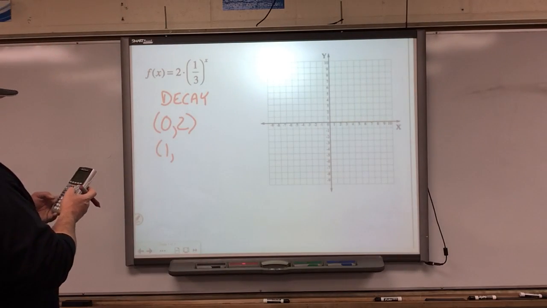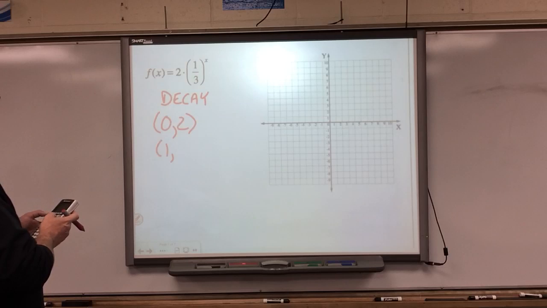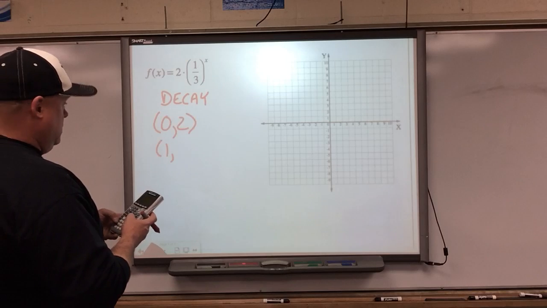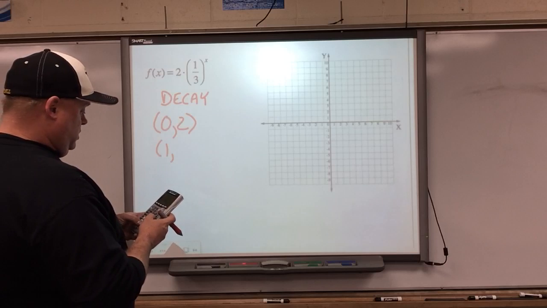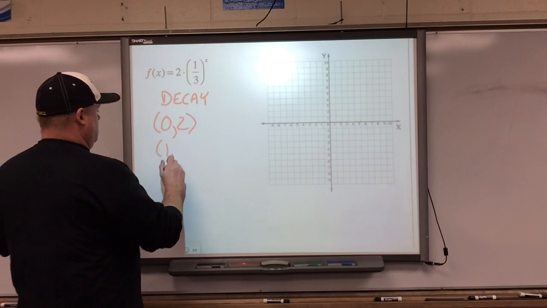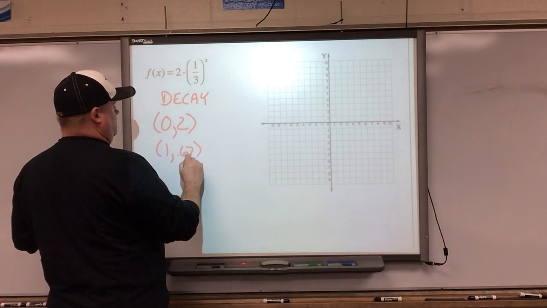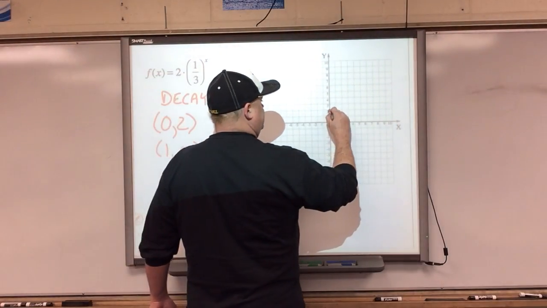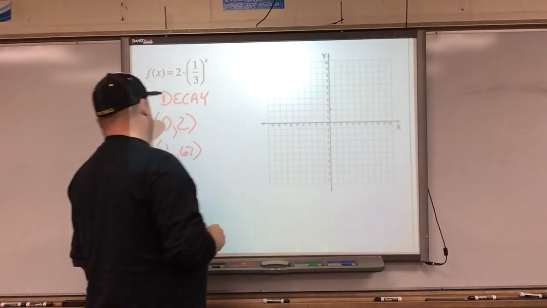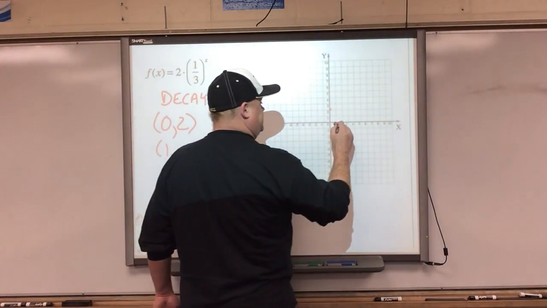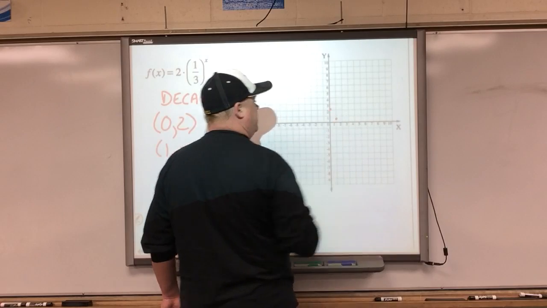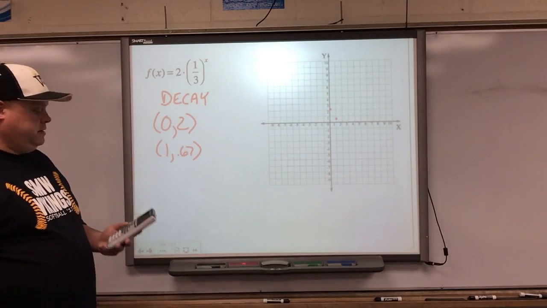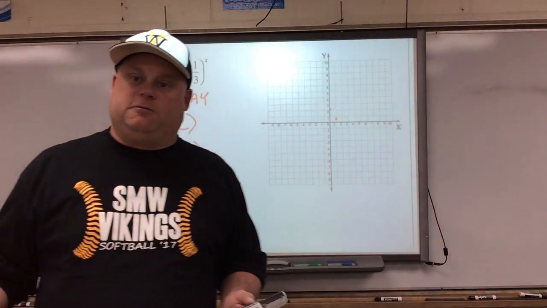Well, what's a times b? Well, let's get there. 2 times 1 divided by 3. 0.67 really if I round. Okay, so I know at 0 it's at 2, and at 1 it is at 0.67. So right in there.